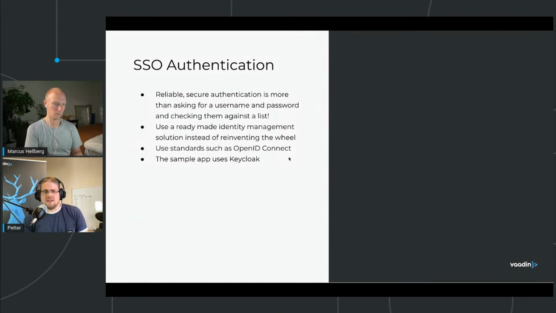There's more to this than that. We have to protect against different types of attacks, different kinds of brute force attacks, dictionary attacks. We have to worry about password policies, two-factor authentication, reliable password reset mechanisms, and so on.